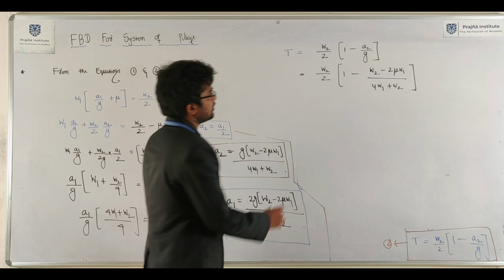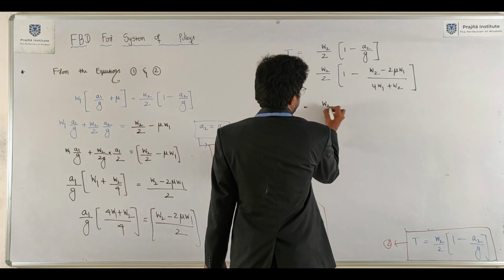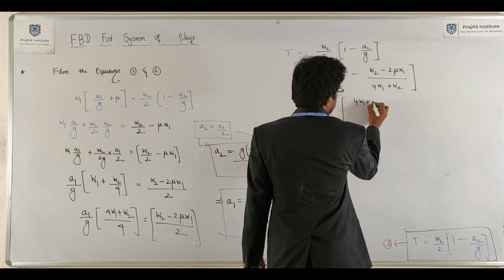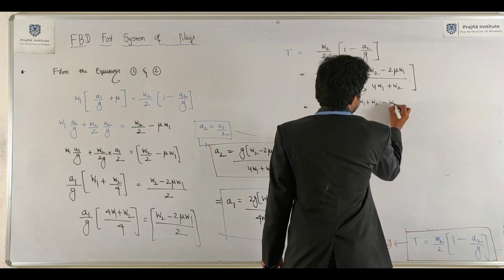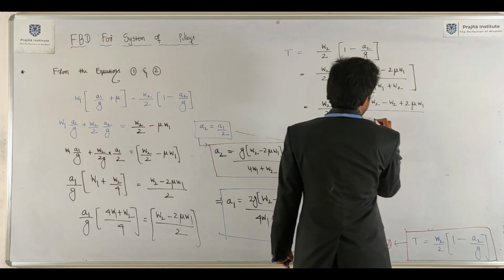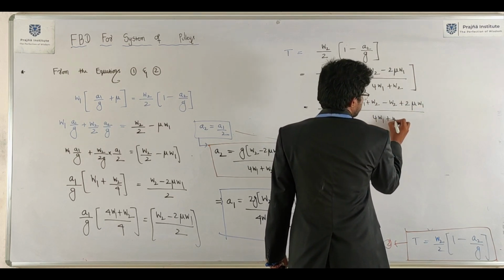W2 minus 2 mu W1. Finally, W2 by 2 into 4 W1 plus W2 minus W2 plus 2 mu W1 by 4 W1 plus W2.